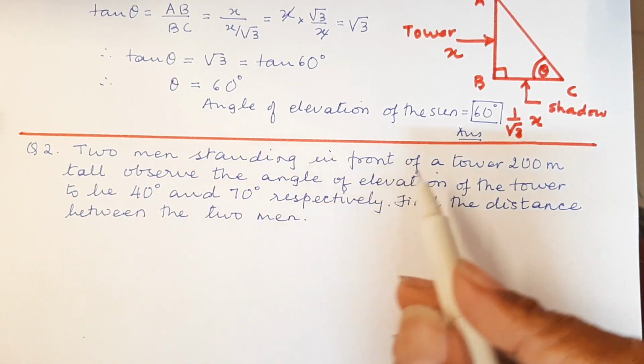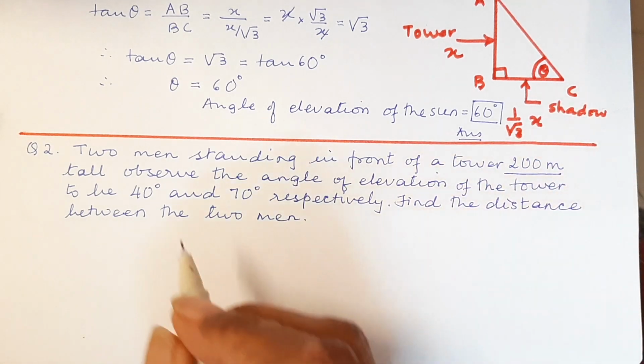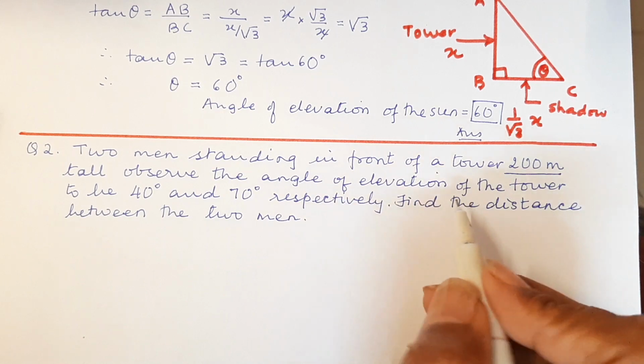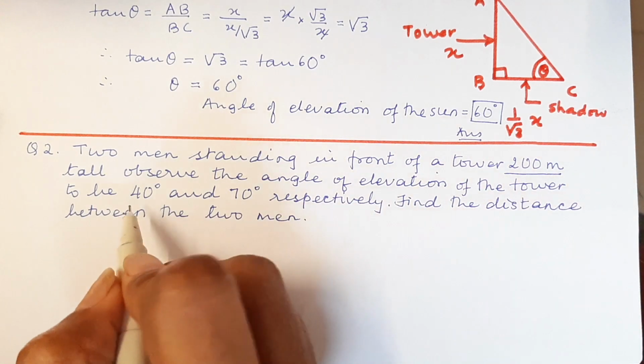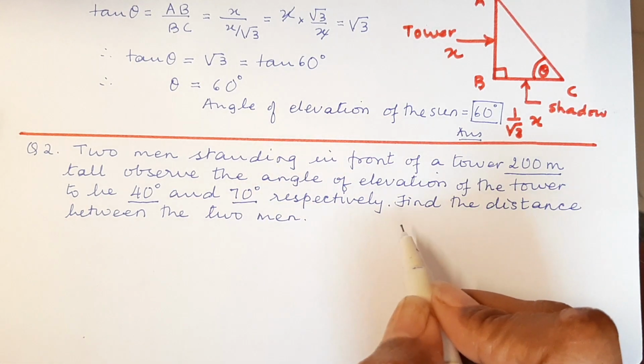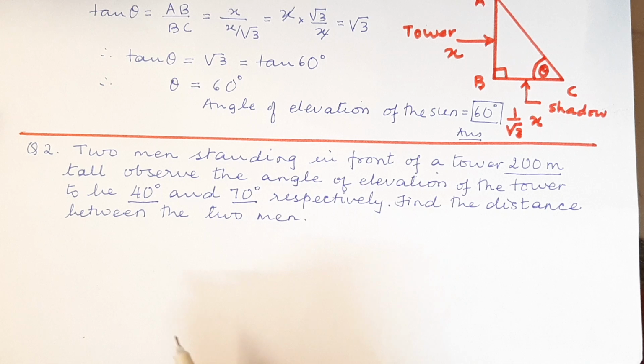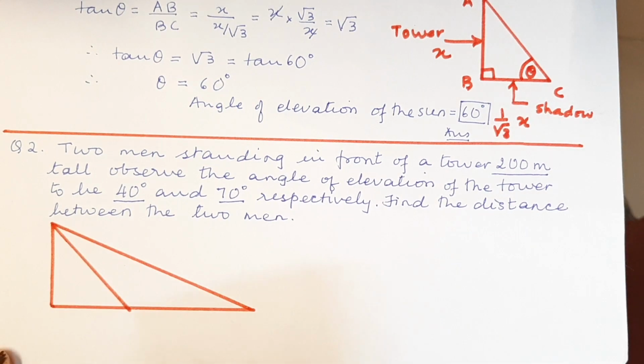Two men standing in front of a tower 200-meter tall observe the angle of elevation of the tower to be 40 degrees and 70 degrees respectively. Find the distance between the two men. Now here also we have to draw the diagram in order to understand the question better.